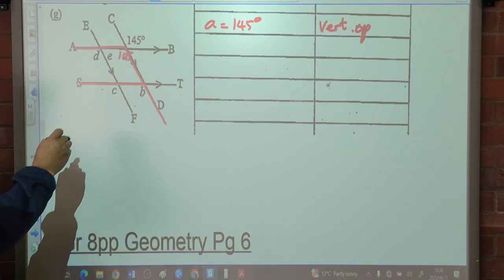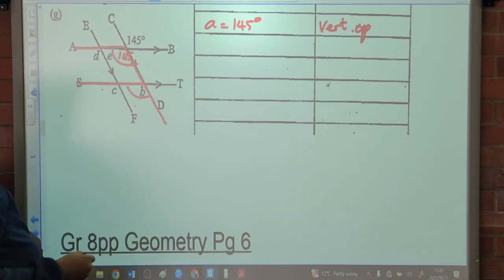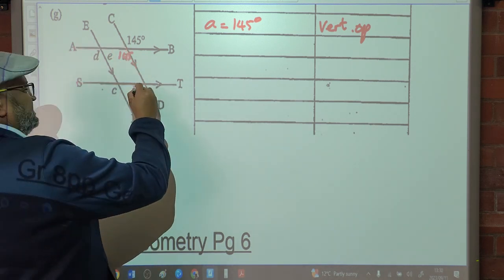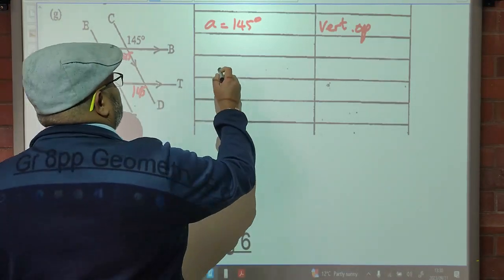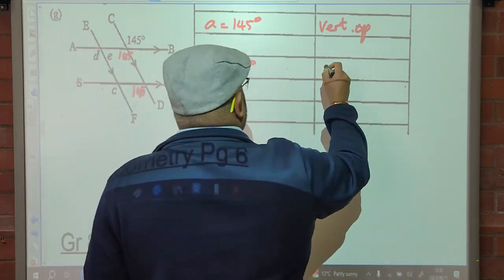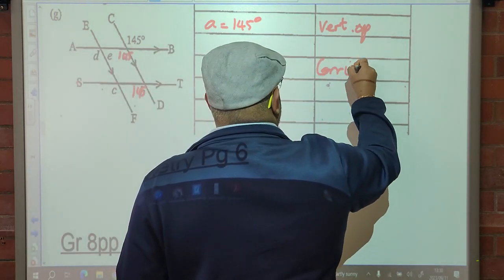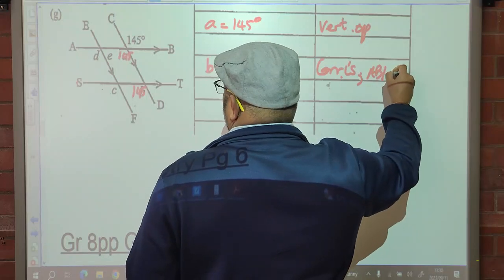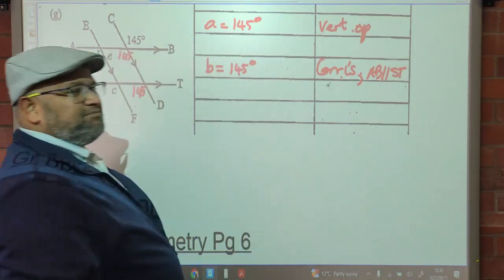Okay. So B is equal to 145. Why? Corresponding angles here. Corresponding angles with AB being parallel to ST.